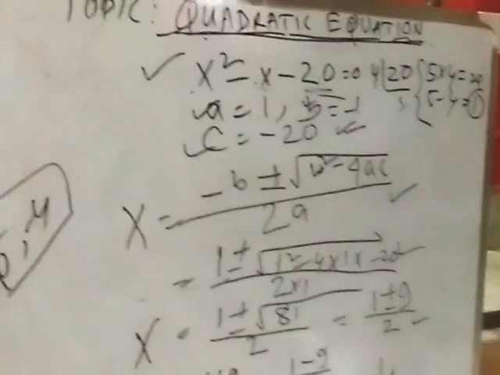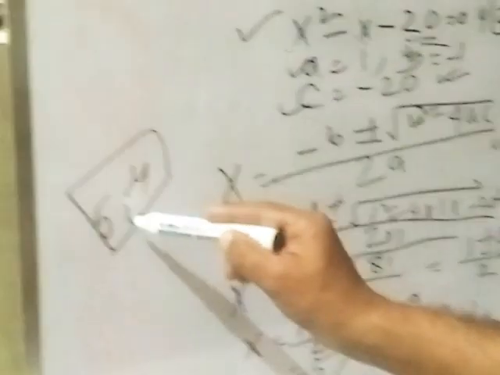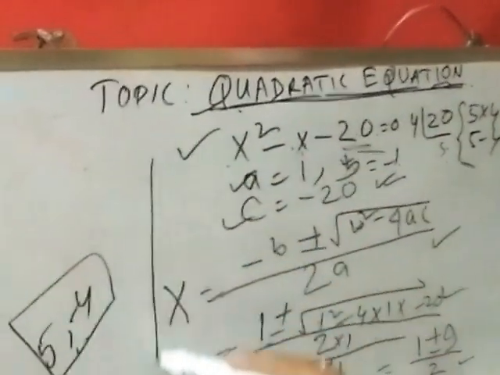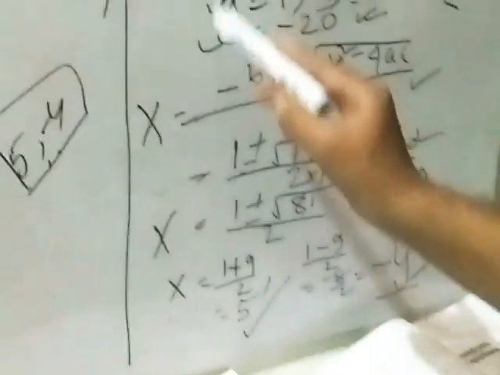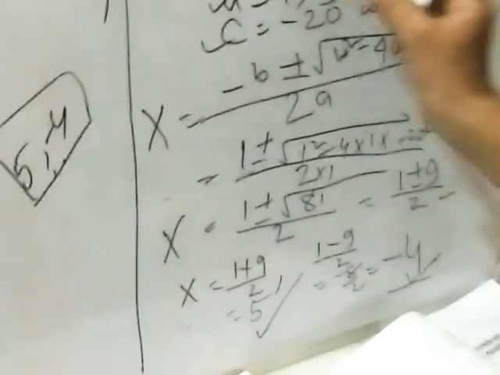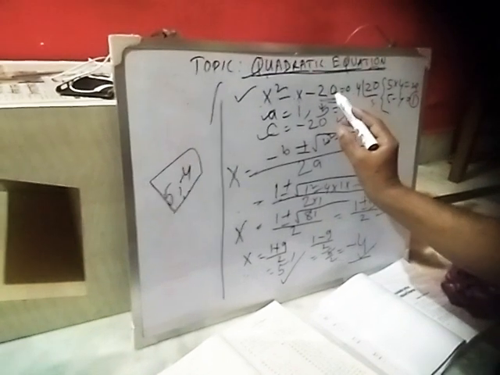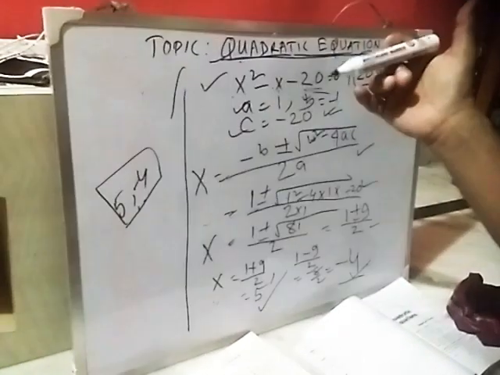One is 5, another is minus 4. And the factorization method gives the same value. So today's topic, quadratic equation, I think everybody got the initial idea. No doubt. Fantastic. In the next class, we will discuss the nature of quadratic equation. Okay? Everybody? Okay, bye, see you in the next class.